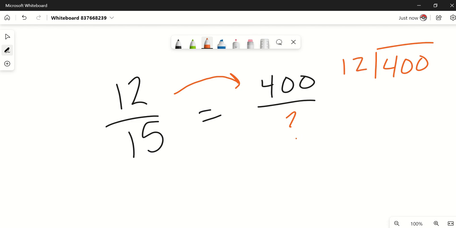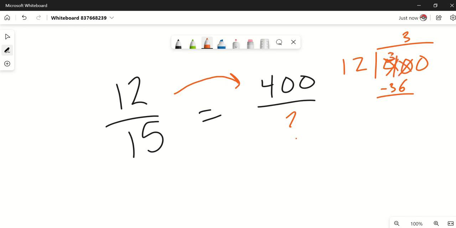12 will not go into 4, but 12 will go into 40. Now let's see. I know 12 times 2 is 24, times 4 would be 48, so it's not going to be that. It's going to have to go in 3 times, which should be 36. When I subtract, 0 minus 6 cannot do. Borrow. That will become a 3.